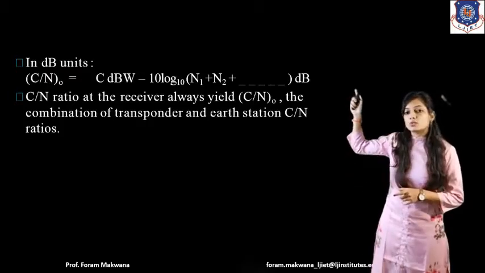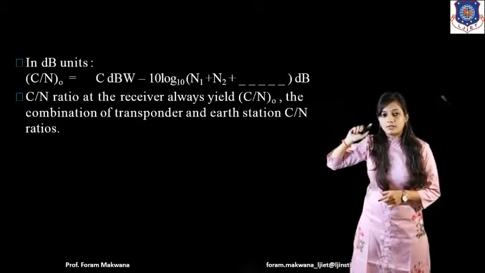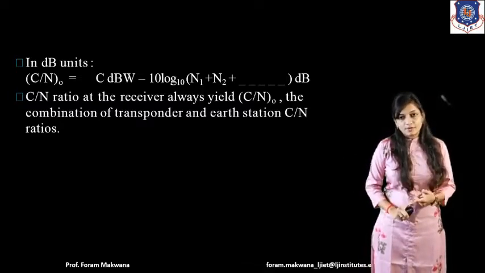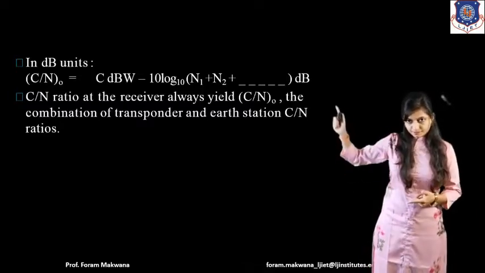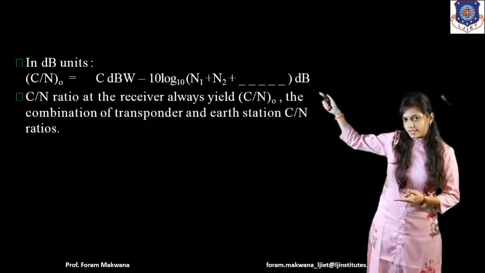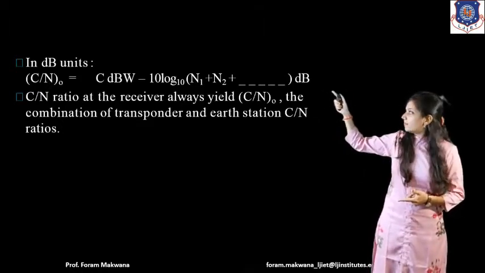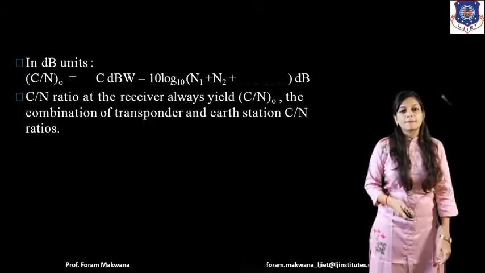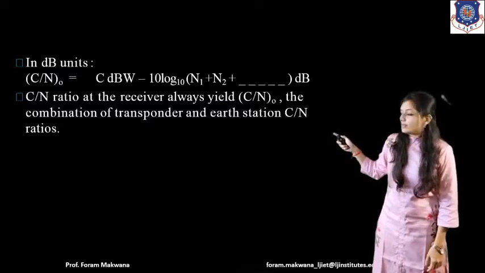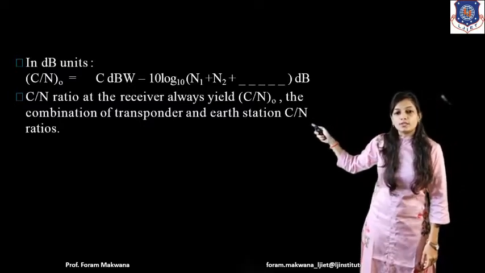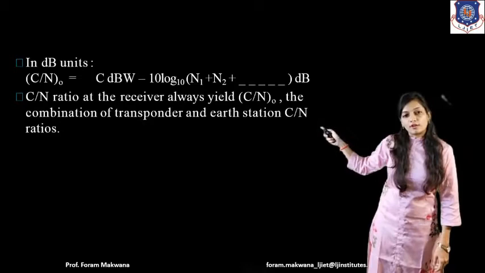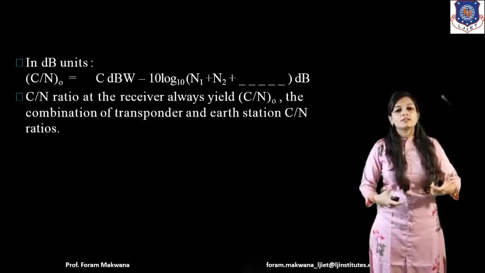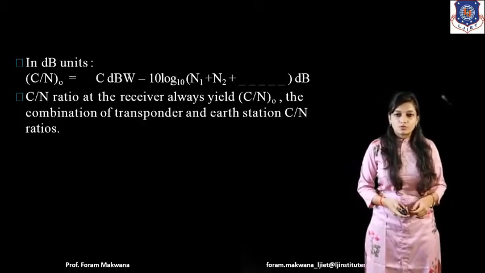As the noise power is in the denominator, we subtract that quantity because we are representing it in decibels. So at the receiving side, it yields the carrier to noise for overall. So it is a combination of the transponder and the earth station carrier to noise ratio.